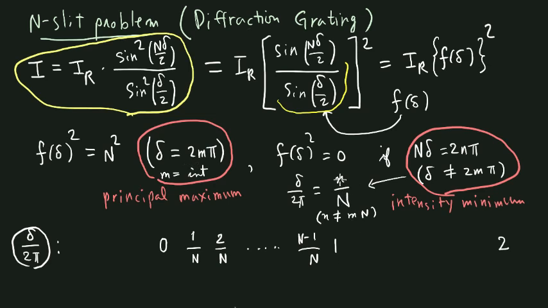After that, when small n is N plus 1, you start filling up the interval between 1 and 2, in the same pattern that you filled up between 0 and 1. So 1 plus 1 over N, 1 plus 2 over N, and so on, up to 1 plus N minus 1 over N. There are N minus 1 minima here, and then you hit the principal maximum at 2. So that's the pattern here.